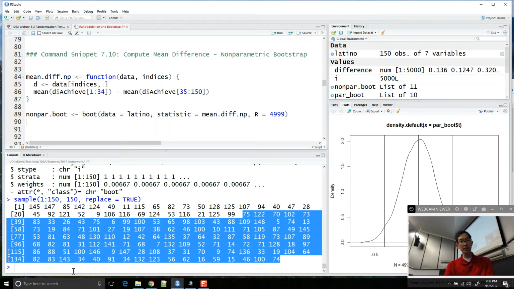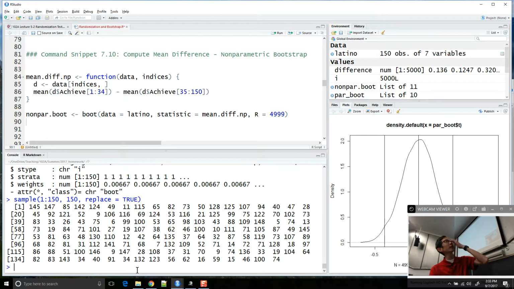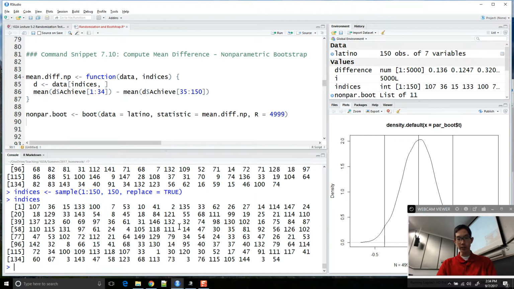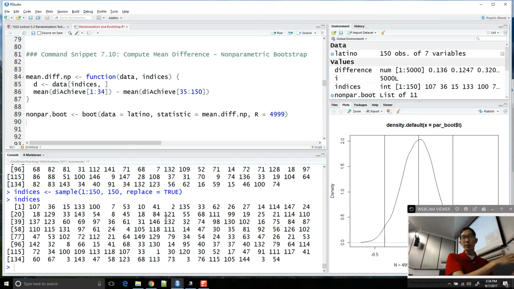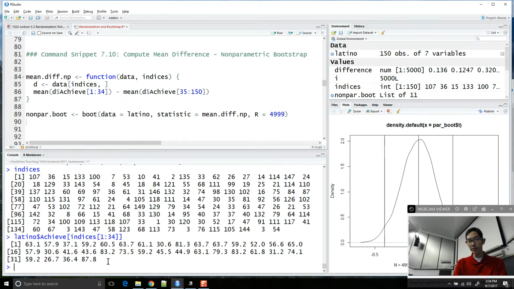If I were to do this manually, I'm going to store this as indices. This is what indices looks like this time. The first 34 will simulate those not from Mexico, and the last 116 will be those from Mexico. Then we subset our achievement: Latino$achievement, subset on indices 1 through 34.